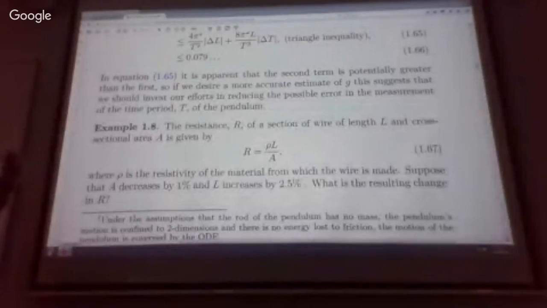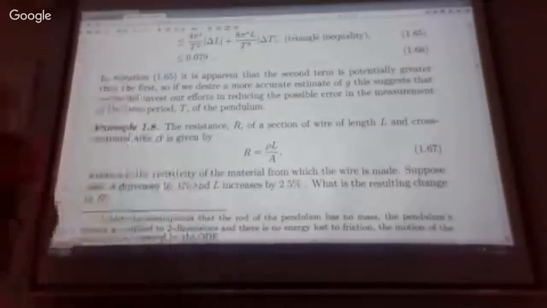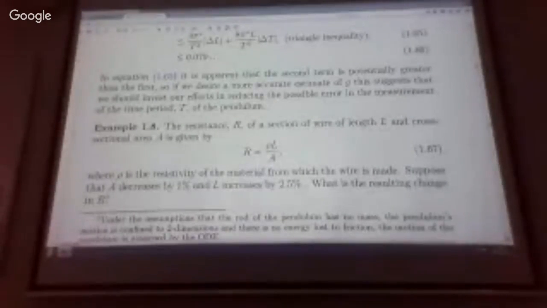So the resistance has a dependence on the length, L, and it also has a dependence on this quantity, A. A is the cross-sectional area of the wire. You just slice the wire, the cross-section is a circle or a disc, and the question is, what's the area of that? So it's to do with how thick or thin the wire is. The thinner the wire, the more resistance it has.